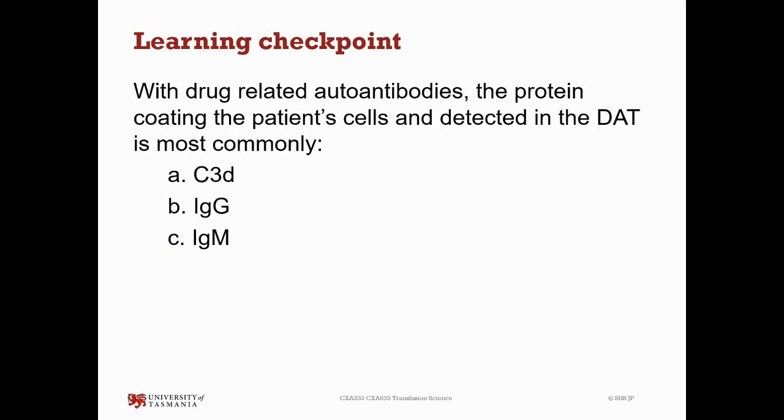Oh, there's another one. With drug-related autoantibodies, the protein coating the patient's cells and detected in the DAT is most commonly A, C3d, B, IgG, C, IgM. As a hint, if you recall that the mechanisms for drug-induced hemolytic anemia have in common that they are complexes that sensitize the red cells.